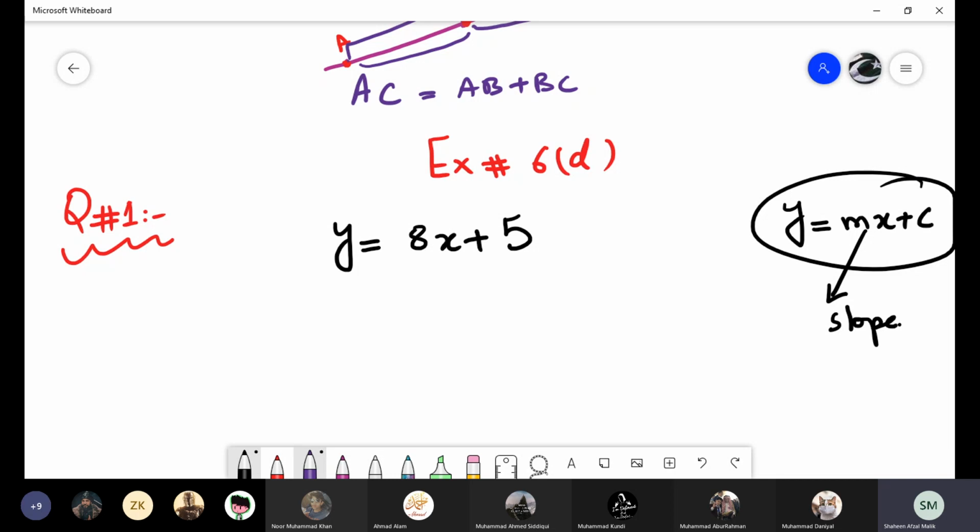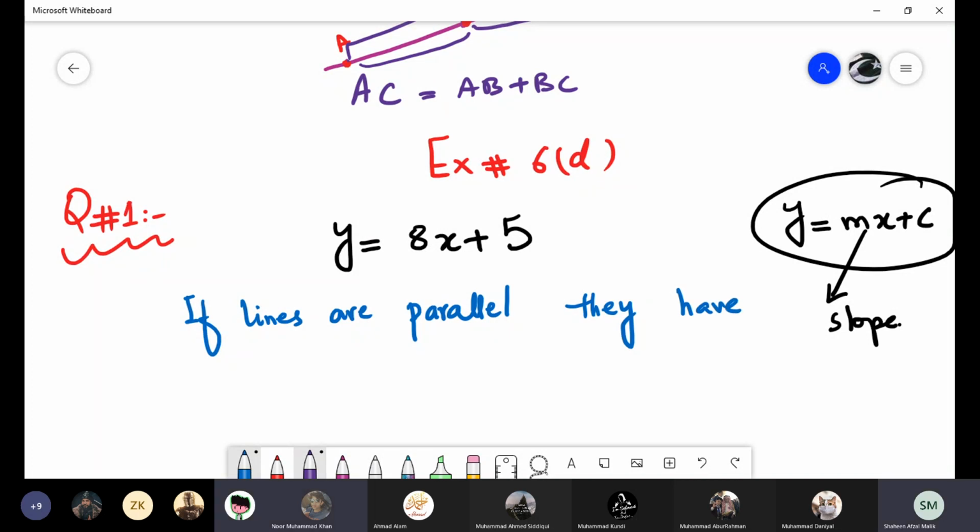So if lines are parallel to each other, you have to write here that they have the same slope. Have the same gradient or slope. Gradient and slope, we are using these two words for the same thing.